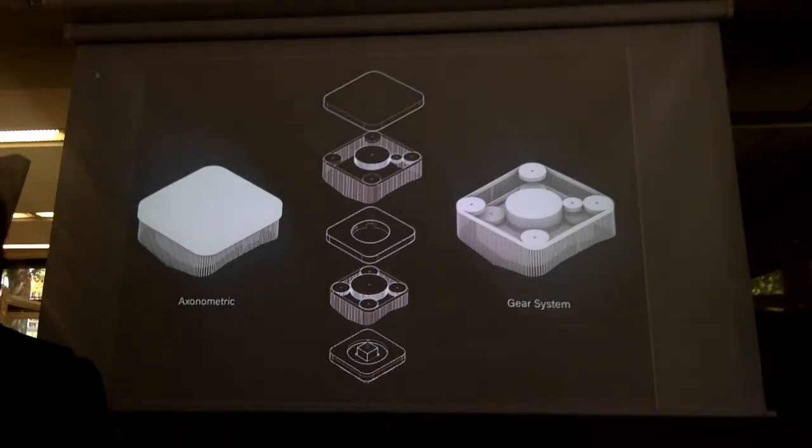This axonometric shows how it looks. We can see the models later, and this shows how the whole system works. The right picture shows the gear system. I think the gear system is the most important part of my project. It rotates two types, divided into an inner ring and outer ring.